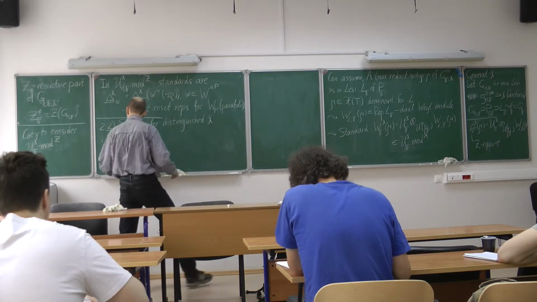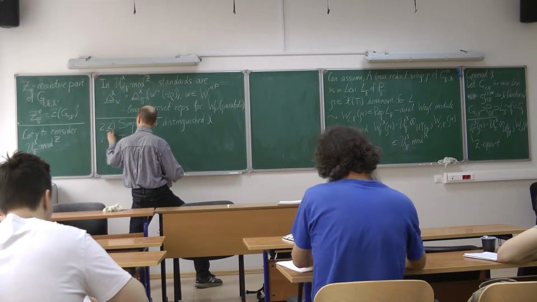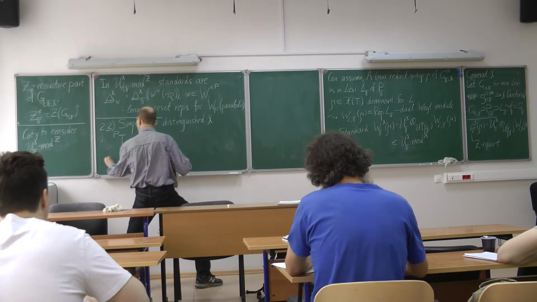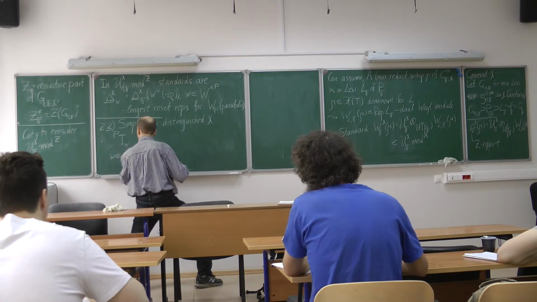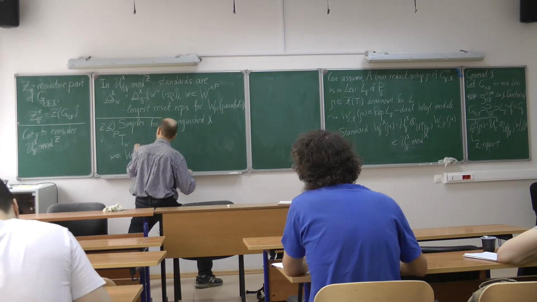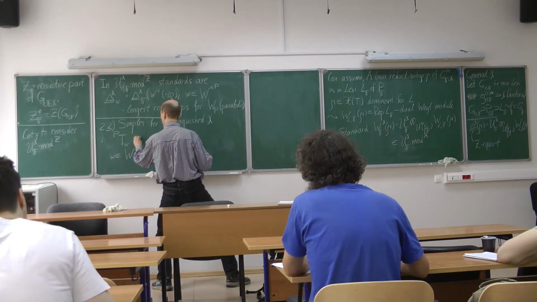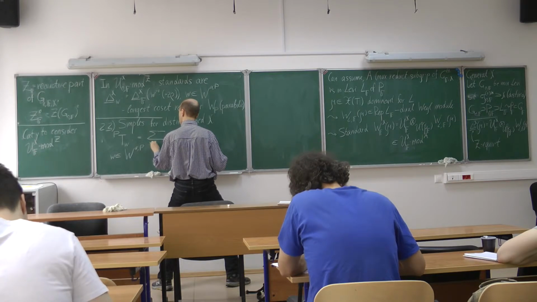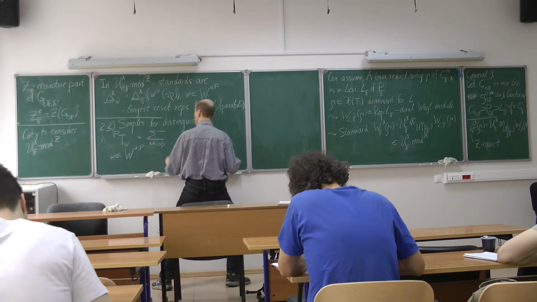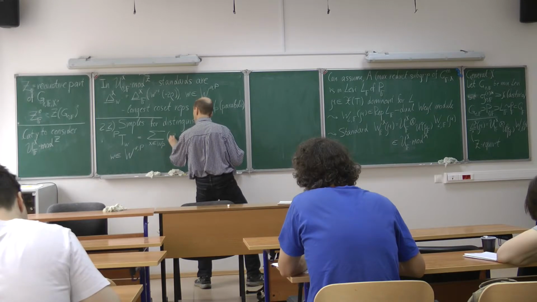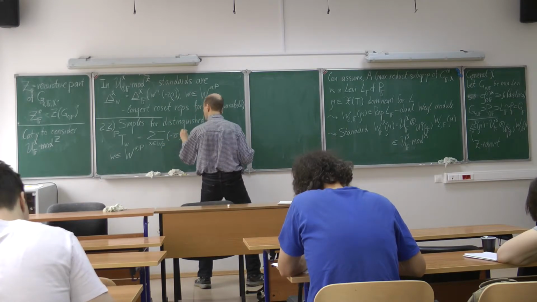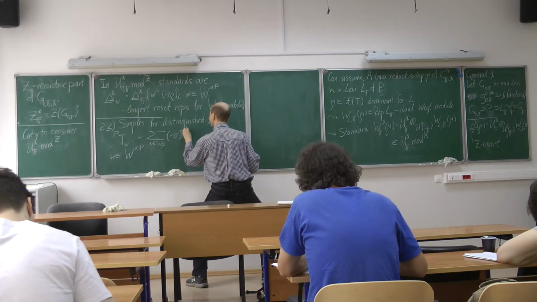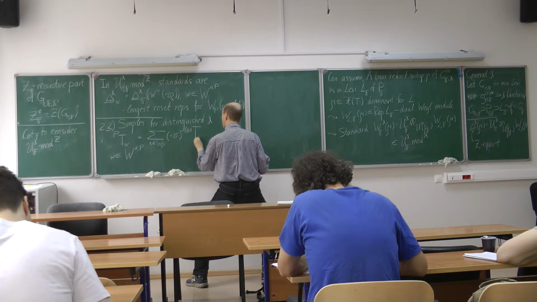So I want to define the following element, T sub P of w, and w is going to be this longest coset representative. By definition, this is the sum over all x in W sub P, the finite parabolic, of minus v to the power l of x times T sub w x.